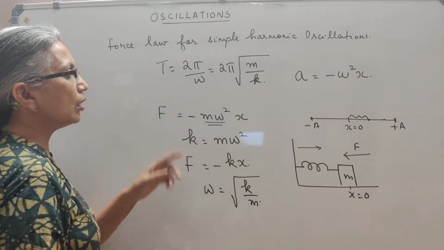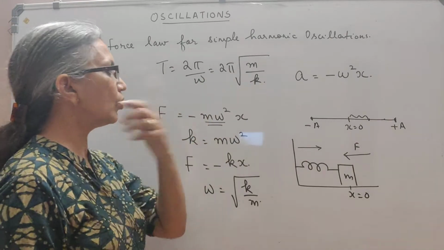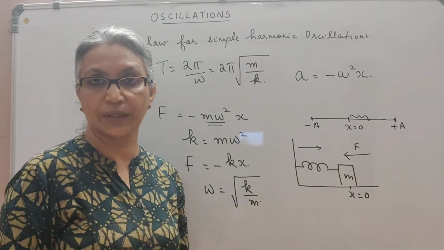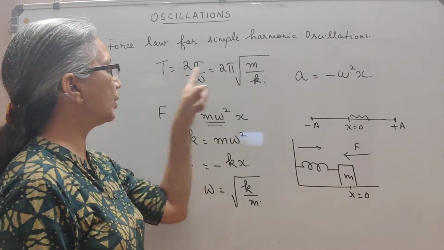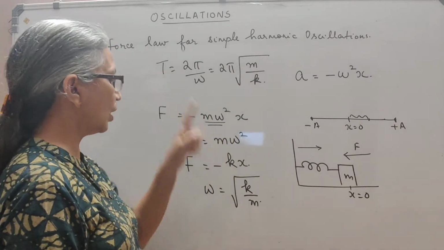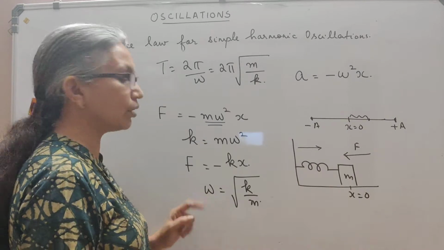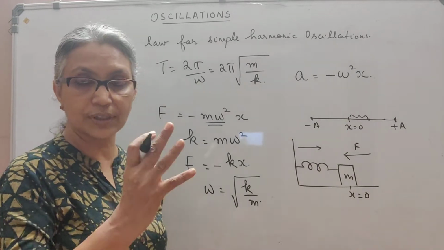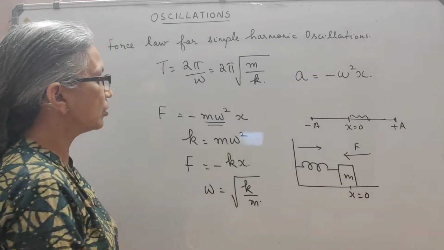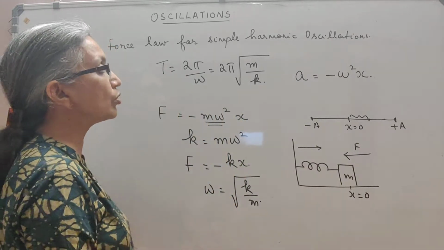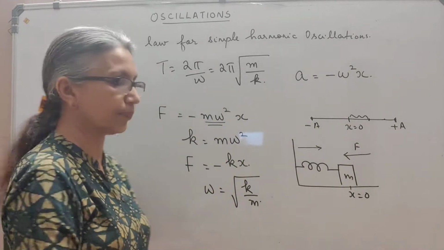So you see the time period is dependent on k. Suppose you have a very stiff spring. For a stiff spring, k is larger. Larger k would mean smaller time period, and larger k would mean larger angular frequency. So for stiff springs, you have larger angular frequency and smaller time periods. So this is what we have as Hooke's law in any simple harmonic oscillator.